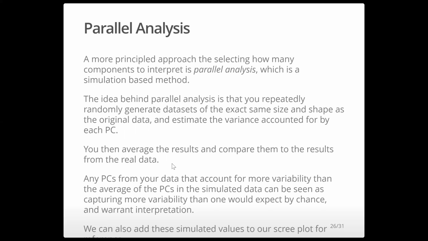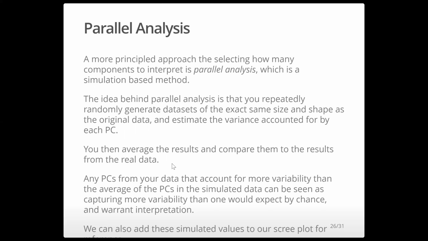Anyway, a more principled approach to selecting how many components we want to interpret is called parallel analysis. The idea here is that we're going to repeatedly randomly generate a data set of the same size as our original data, and then estimate the amount of variance accounted for by each principal component.